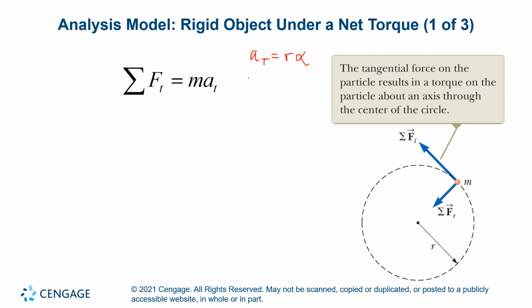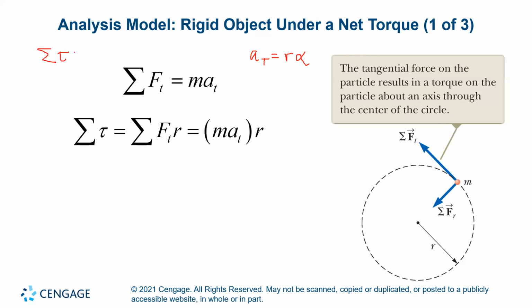We will be using this in our derivations. We will also use the torque formula, the summation of torque equals force times r, the distance from the axis of rotation.